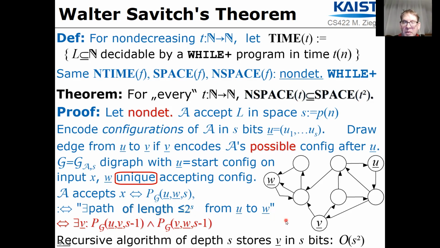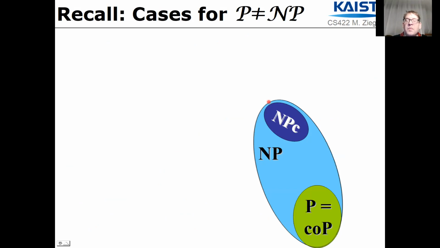Thank you to the chat for raising that question and for giving the opportunity to expand on that and explain that. Right, so to iterate, Walter Savitch's theorem is about the relation between non-deterministic space and deterministic space with a quadratic overhead.